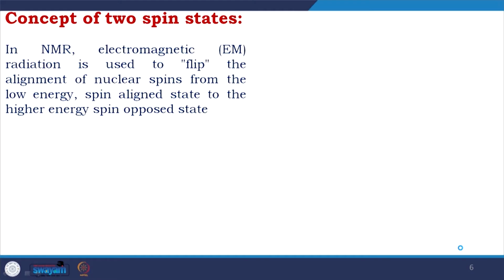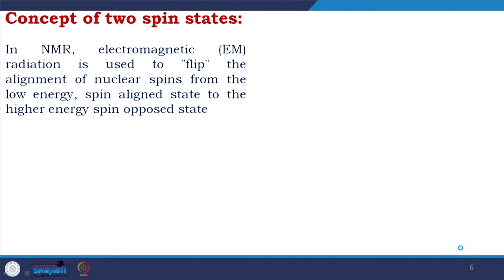In the lower energy, stable state, more nuclei would be there. In the higher energy, anti-parallel alignment, it is less populated. So, from there we get the concept of two spin states.